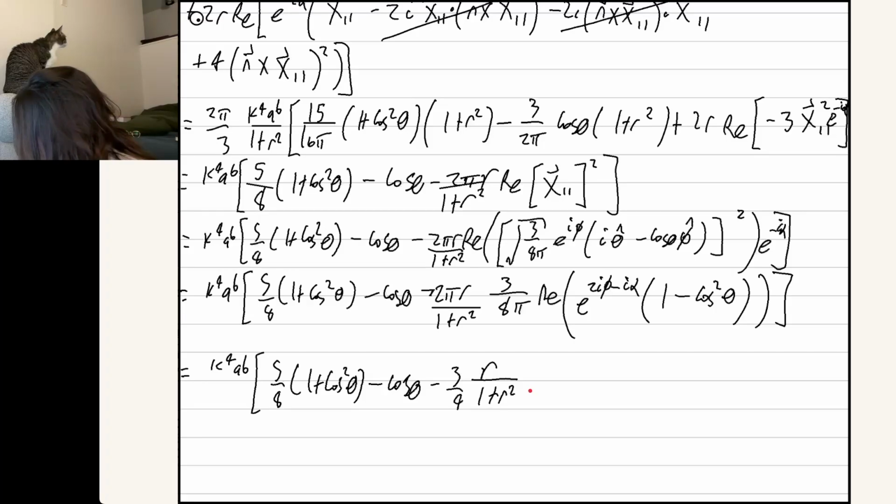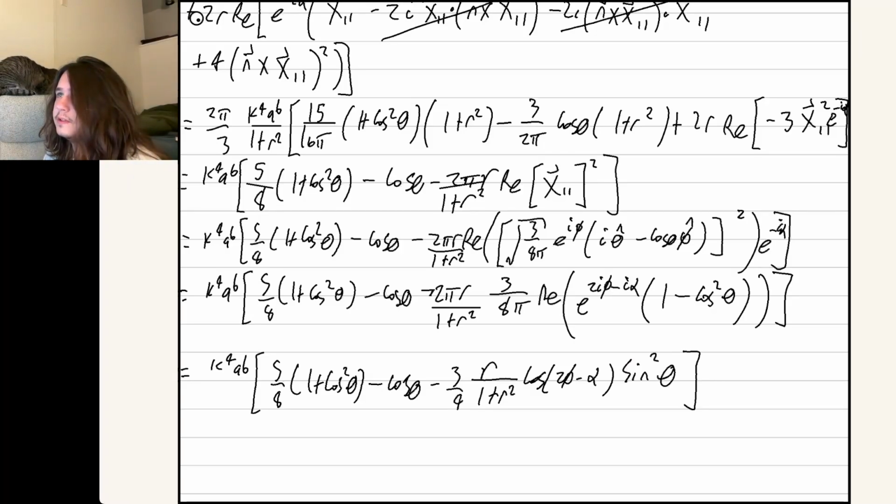The real part of the exponential will just give you a cosine. So cosine 2 phi minus alpha. And then 1 minus cosine squared theta is just sine squared theta. So it's this. And I think that's what Jackson got even. Yeah. Okay. Funny problem.